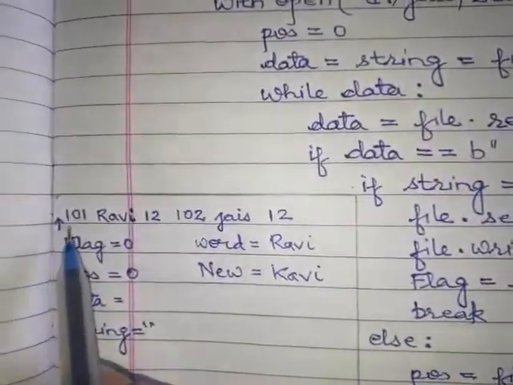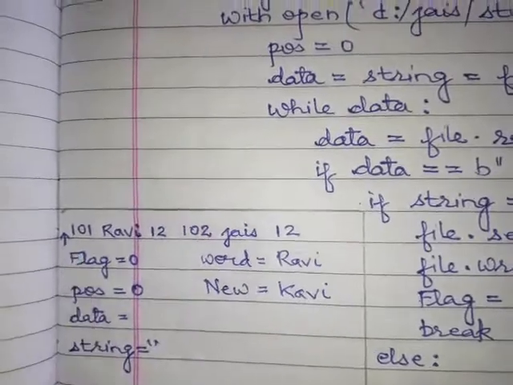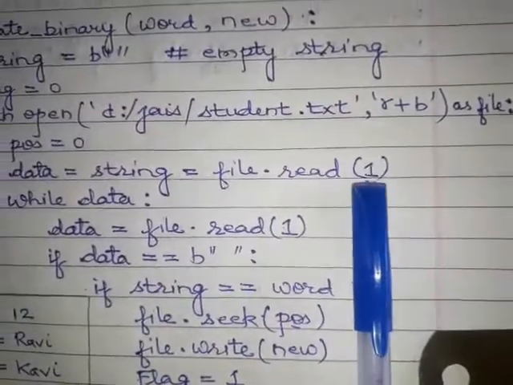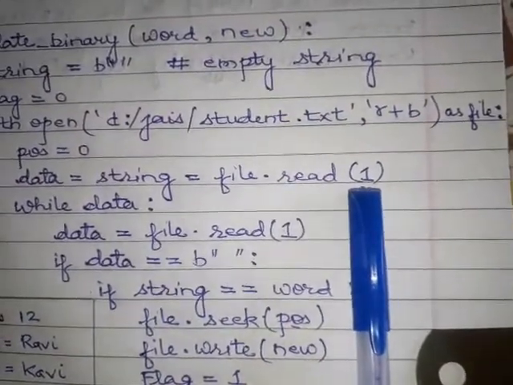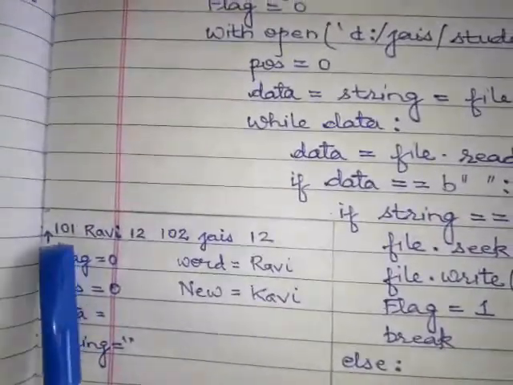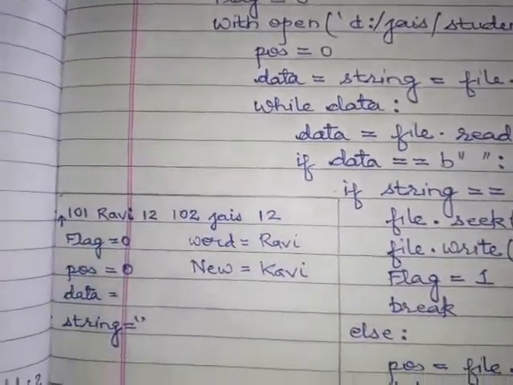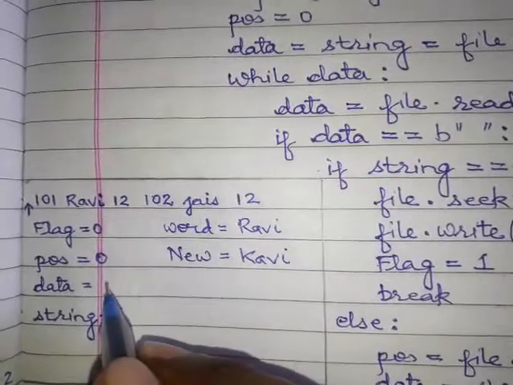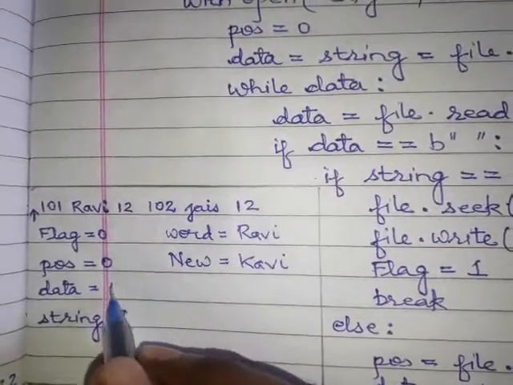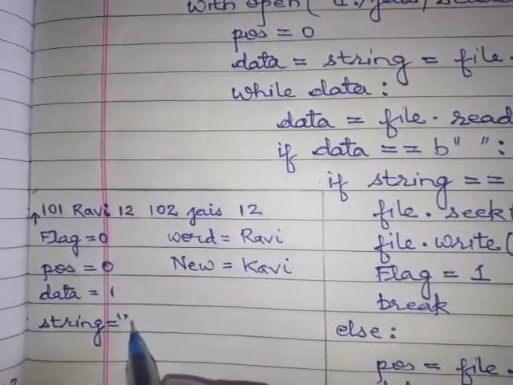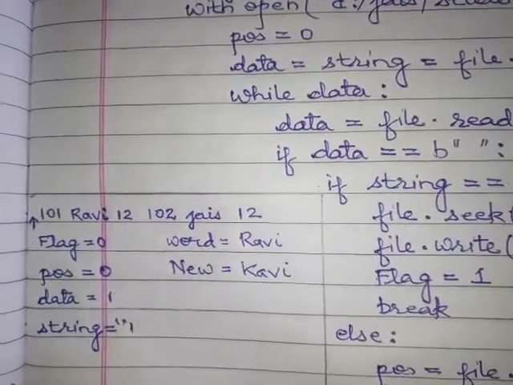So the first byte means 1 byte. Read 1 byte from where the file pointer is. Our file pointer is at the beginning, and the first byte is 1. So read 1 in data as well as in string.